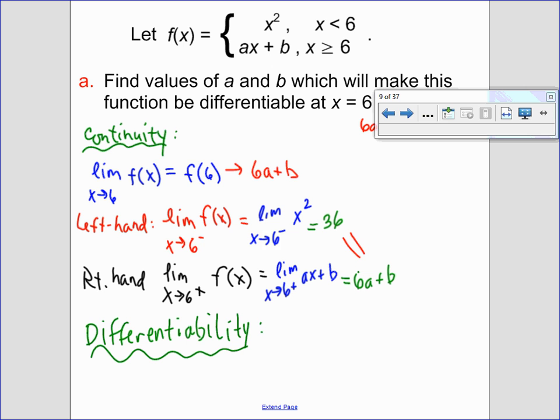Well, let's see. The left-hand slope is a derivative. It's the derivative of my left-hand function definition. So my left-hand slope would be the limit as x approaches 6 from the left-hand side of f prime of x.